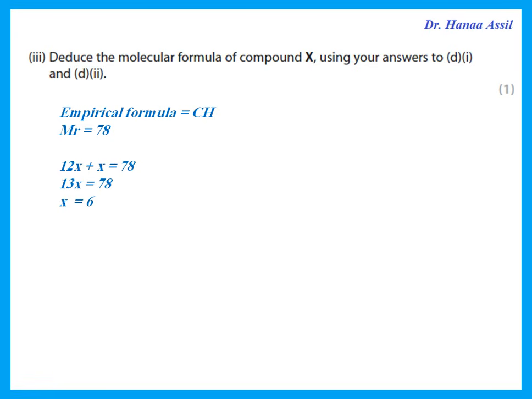I don't know how many hydrogens. It's a 1-to-1 ratio, so this is x. This total should be 78, and I can solve for x. So this comes out to give me that the formula is C6H6. So if you calculate the MR of C6H6, you will find that it is 78.